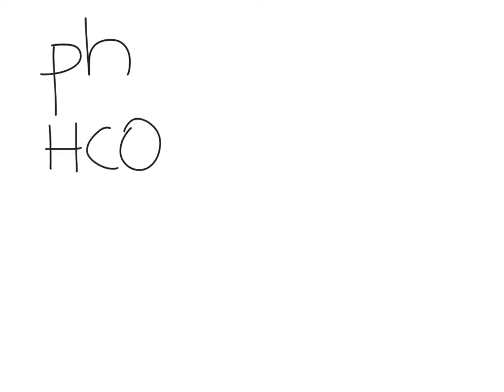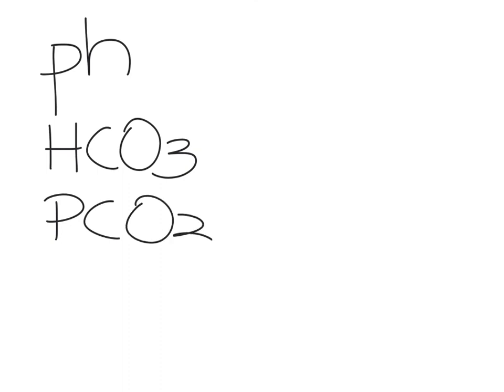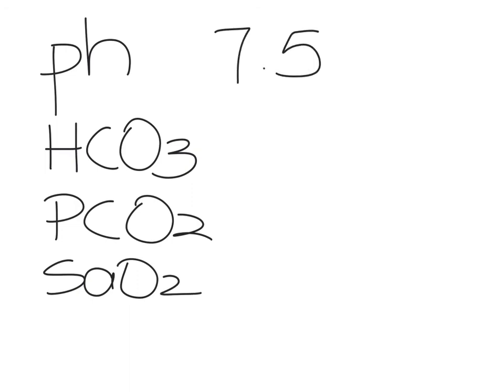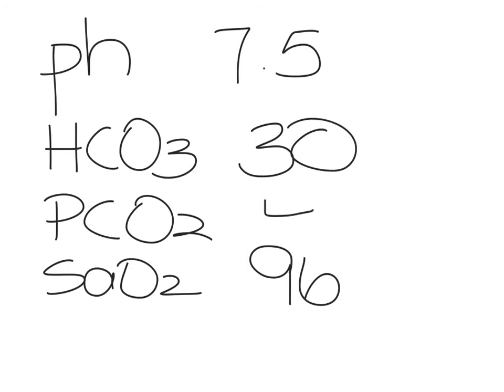All right, let's do another one. So let's say the pH is 7.5. Okay, and let's say that the SaO2 is 96. And let's say that the bicarb is 30. And let's say the PCO2 is 40.